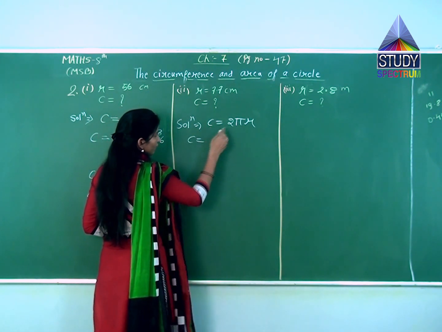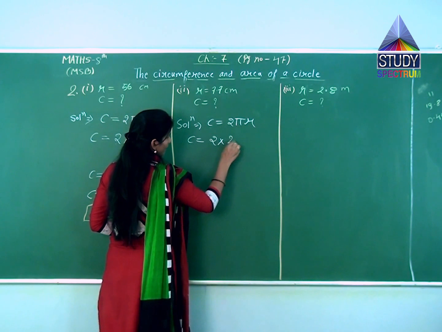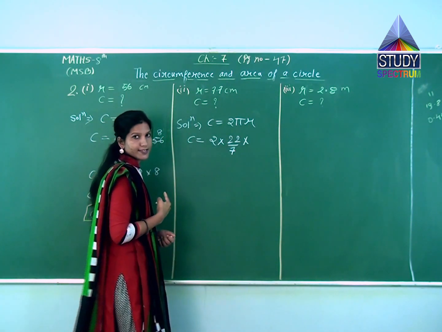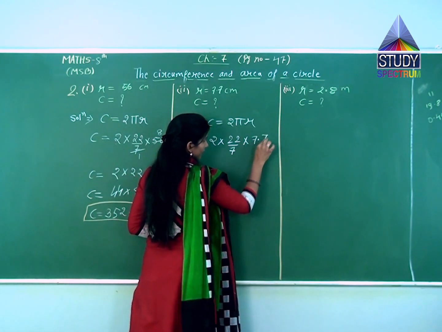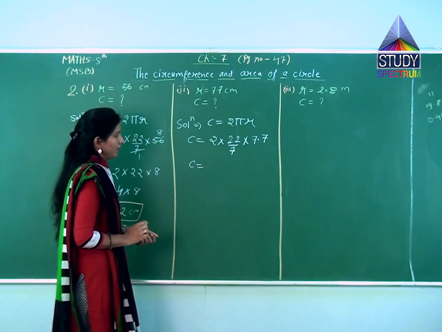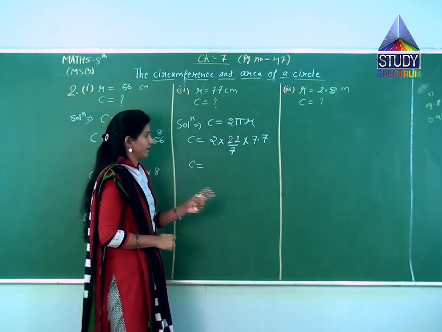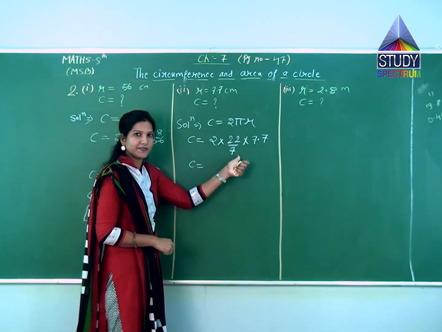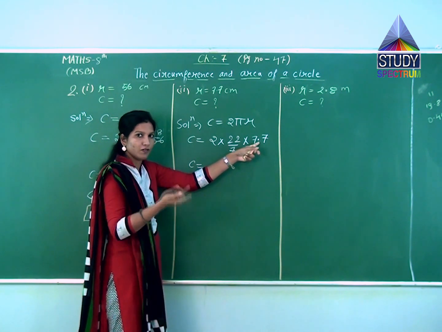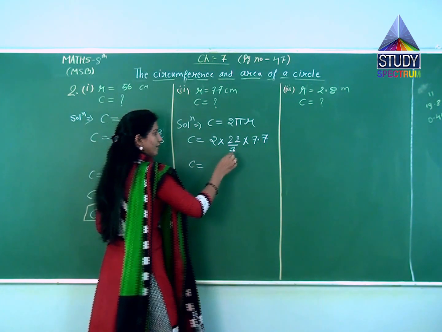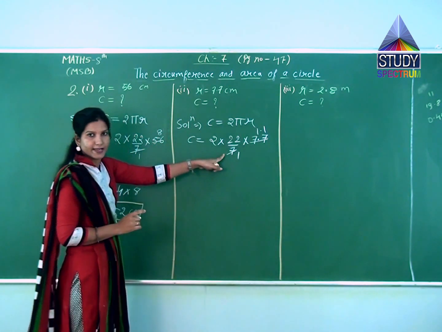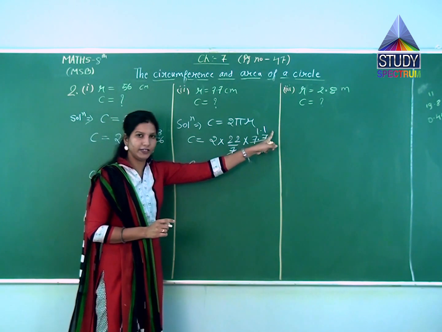Now C is equal to 2 as it is, pi 22 by 7, and what is radius? 7.7. In the next step, now again you can do two things. You can directly divide 7.7 by 7, or you can remove the decimal from 7.7 and solve it further. But here we will directly divide this 7.7 by 7, and on dividing we get 1.1.